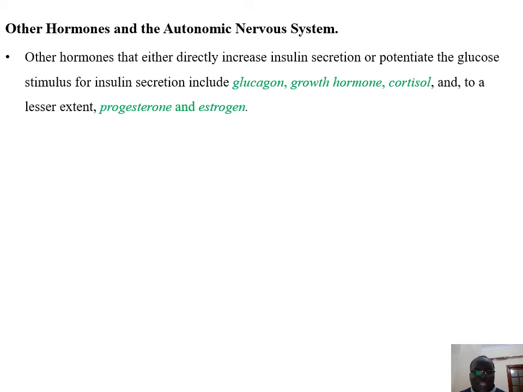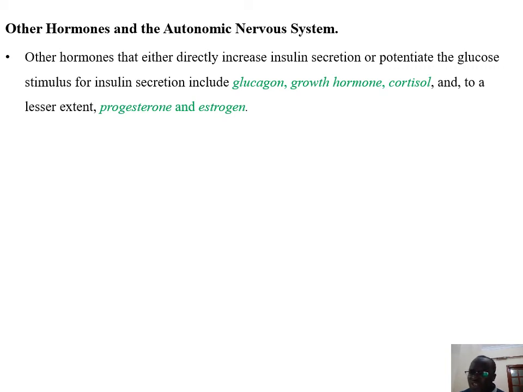Other hormones that either directly increase insulin secretion or potentiate the glucose stimulus for insulin secretion include glucagon, growth hormone, cortisol, and to a lesser extent progesterone and estrogens. So glucagon can stimulate insulin secretion.